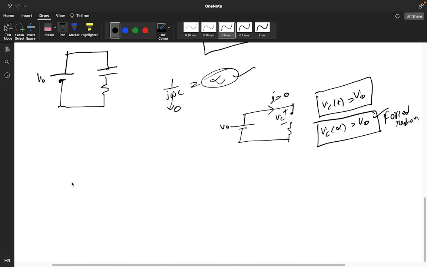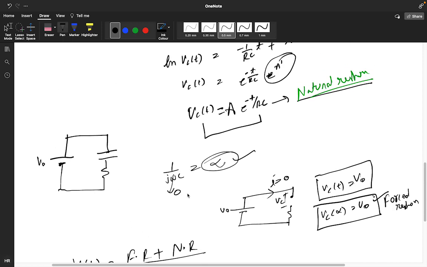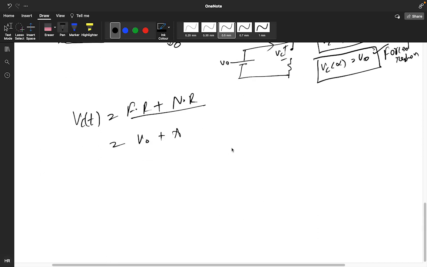So what is the overall response you will get? VC of T is the forced response plus the natural response. If you substitute this, you are getting V0 plus A e power minus T by RC.